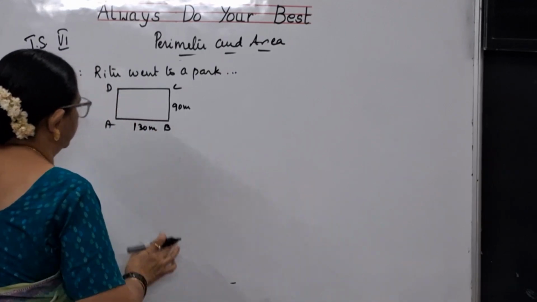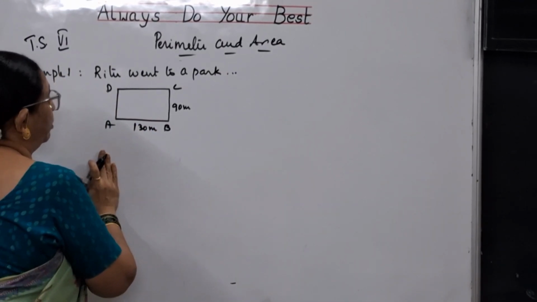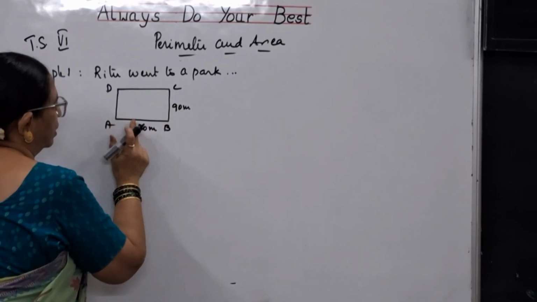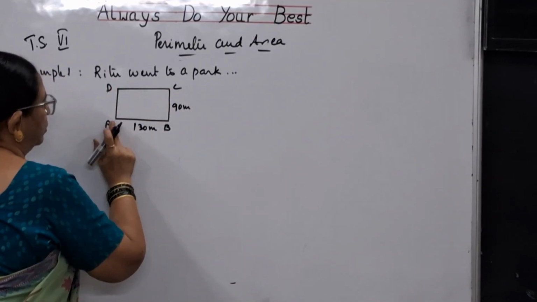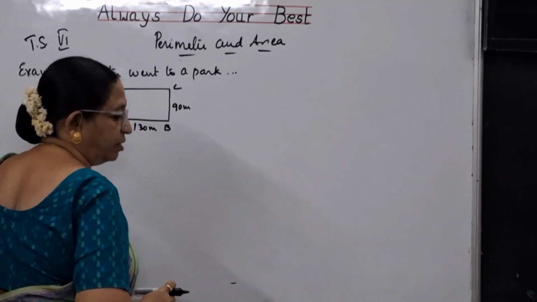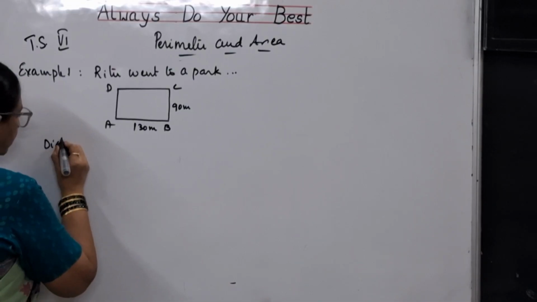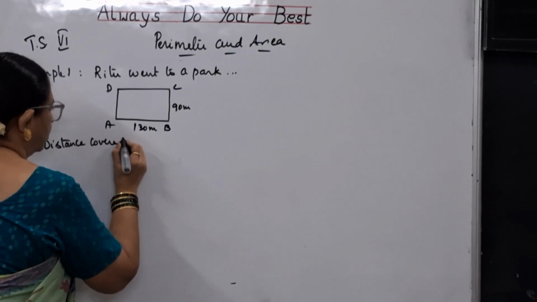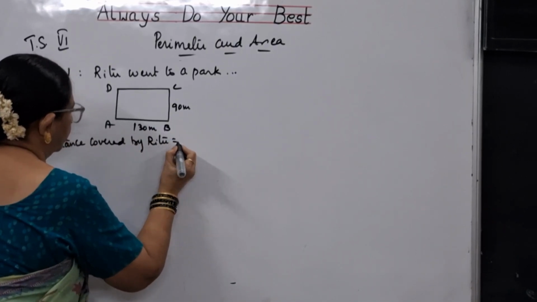So with this you need to find out how much distance she has covered. How much distance she has covered means you have to add, because she has walked like this: A to B, B to C, C to D, D to A. So how much distance that is run? Distance covered by Ritu. How will you find out this?